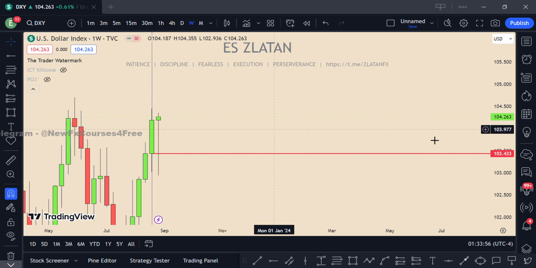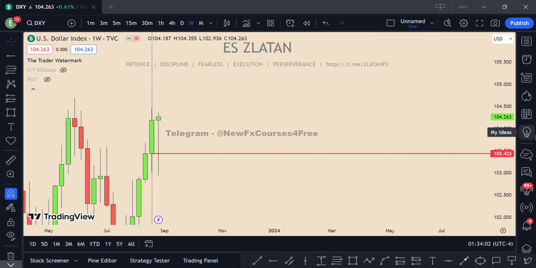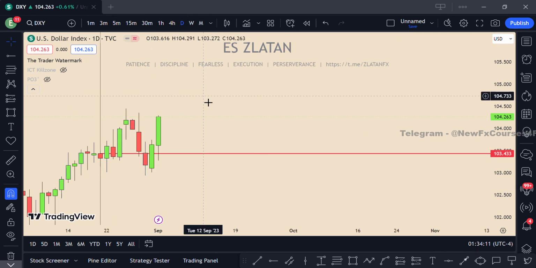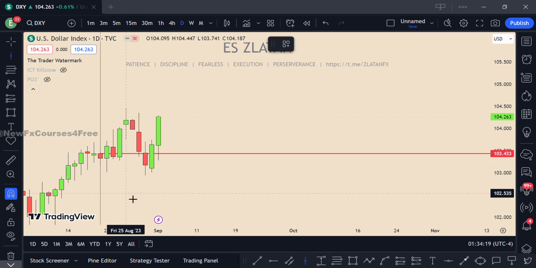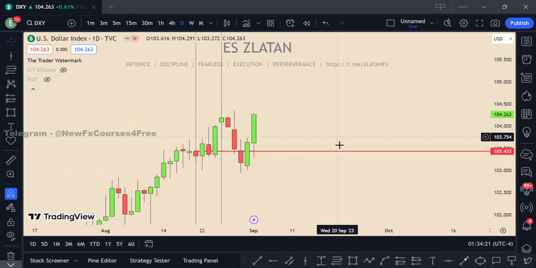So the aim is when we are bullish, we want to buy below the opening, and when we are bearish, we want to sell above the opening price, right? In 1 week we have 5 days, right? 1, 2, 3, 4, 5. That's studying the price action, folks.